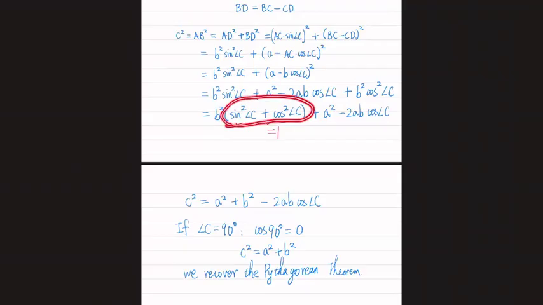Amy, what's your answer to this question? Because we applied the Pythagorean theorem for right triangles, the sine square plus cosine square equals 1. Then b square times 1. Aaron, what's the b squared times 1? That's still b squared.